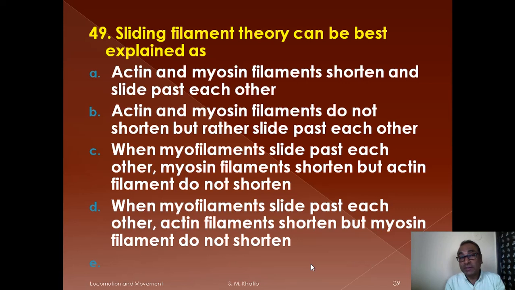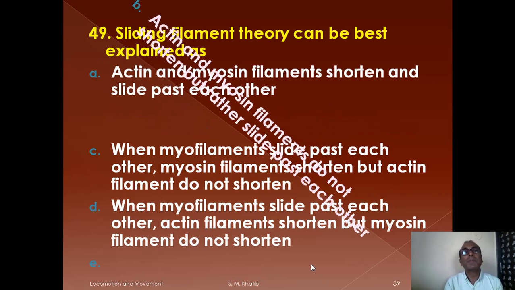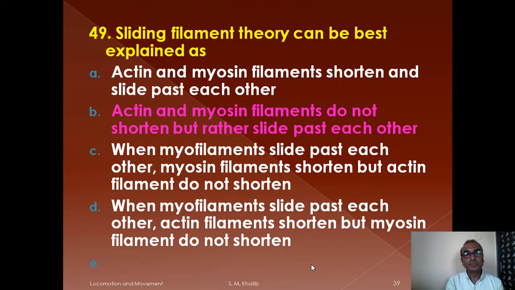Which length is shortening? The length of the sarcomere. That is from one Z line to another Z line, that space of the myofiber, that is shortening. So therefore the right answer here is actin and myosin filaments do not shorten but rather slide past each other. Let's take up the last question now.